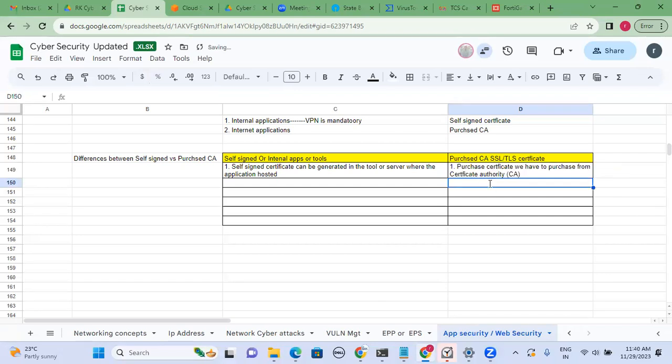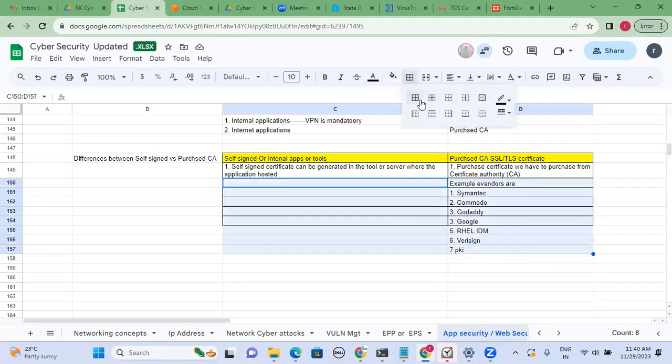Example vendors where we can purchase are Symantec, Comodo, GoDaddy, Google, RapidSSL, VeriSign, and PKI providers. There are many, but these are the popular third-party vendors we can purchase certificates from.